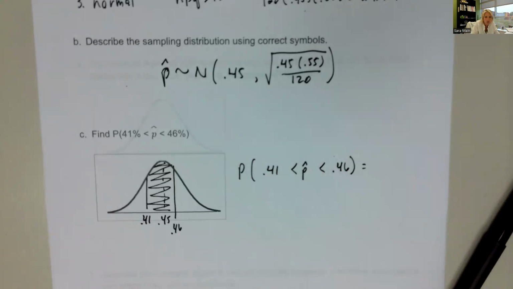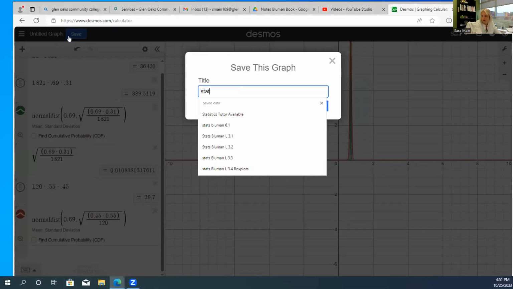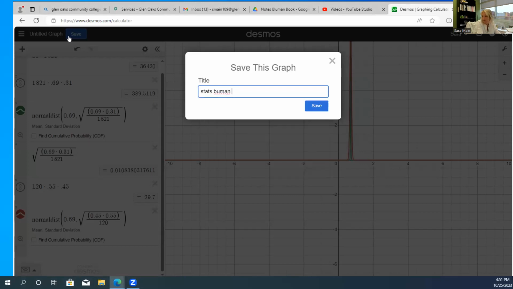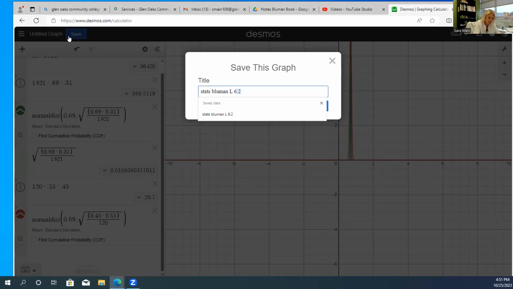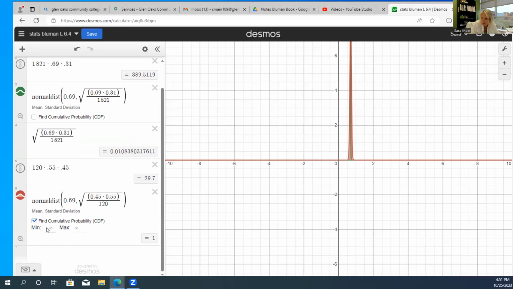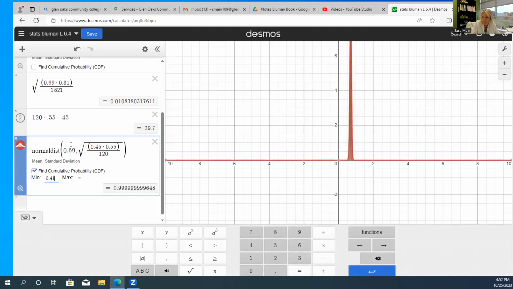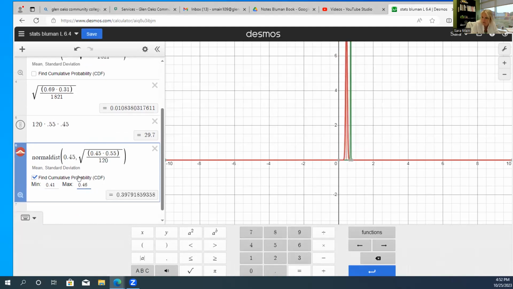I'm sharing the screen with you so we can put this together into Desmos. And we want to know between 0.41 and 0.46.